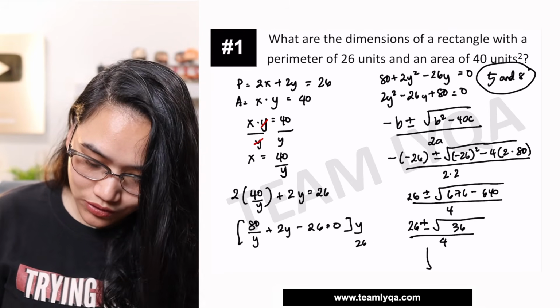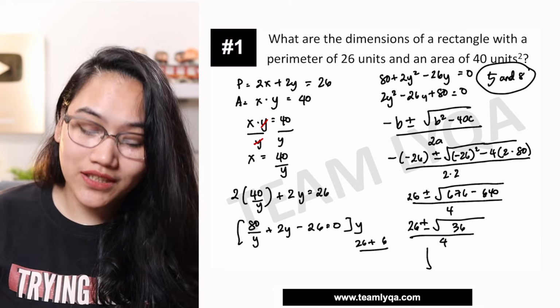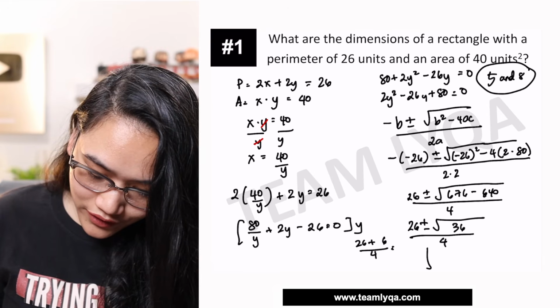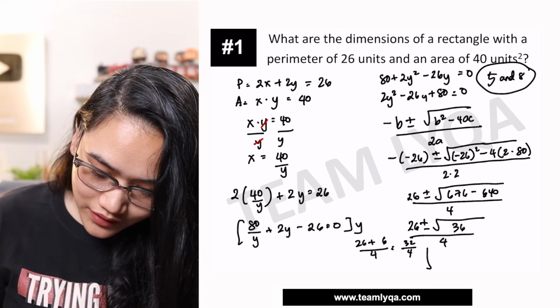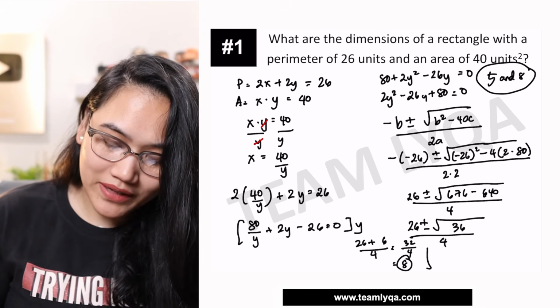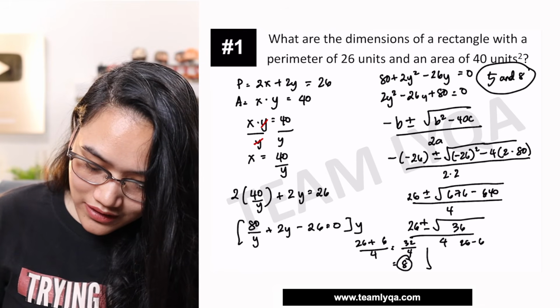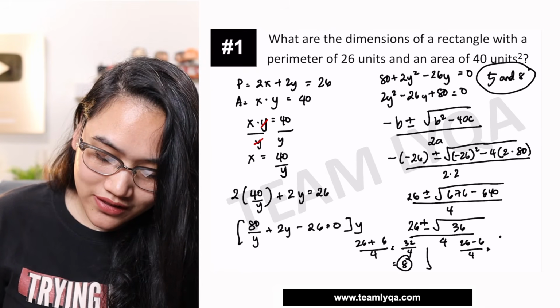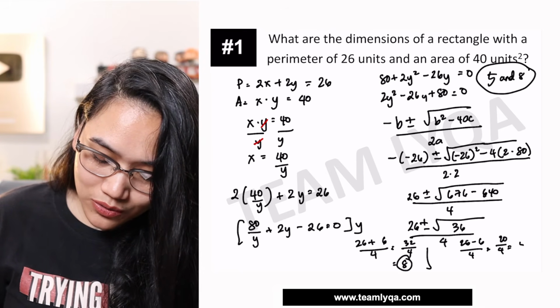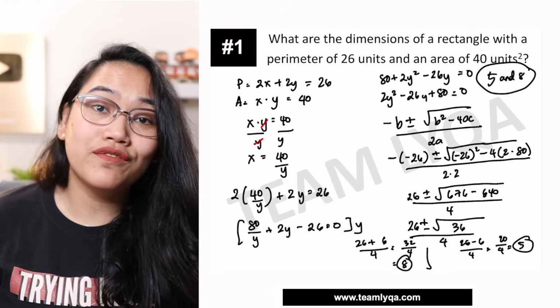To split those into 2, you have 26 plus, and ang square root of 36 is 6 over 4, or this is just 32 over 4, or 8, diba? Tama tayo doon. And then here naman you have 26 minus 6, which is going to give us 20 over 4 or 5. So, 8 and 5 din yung sagot.